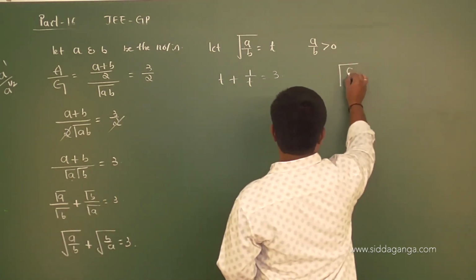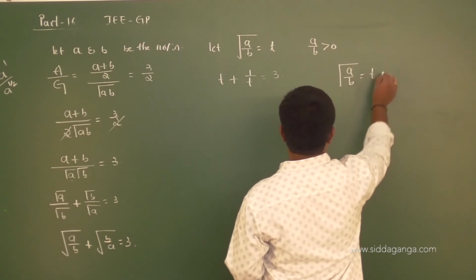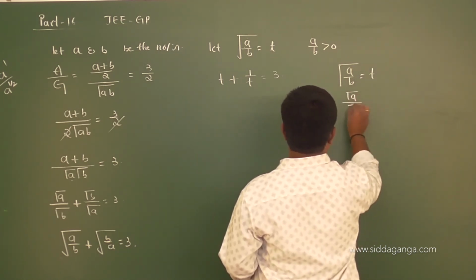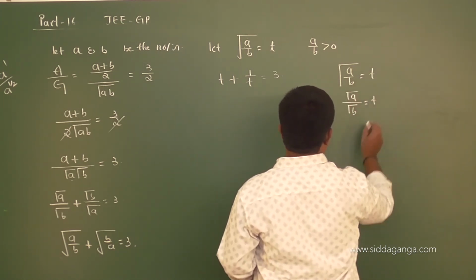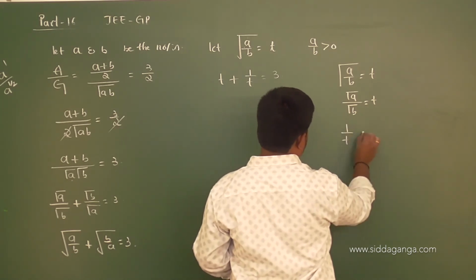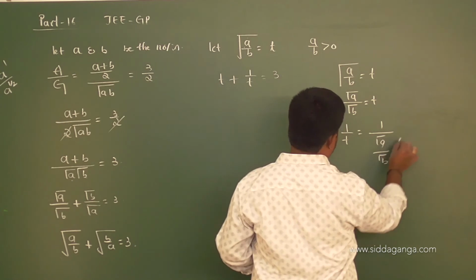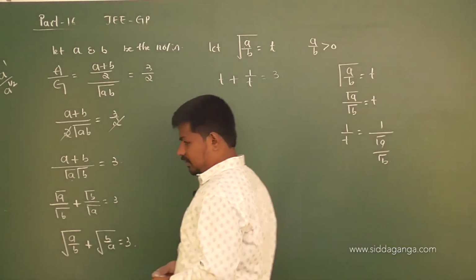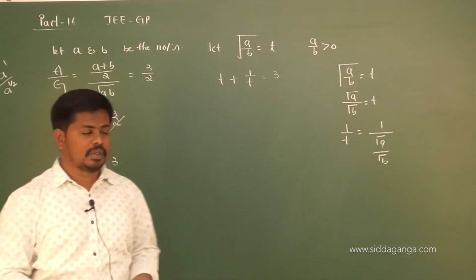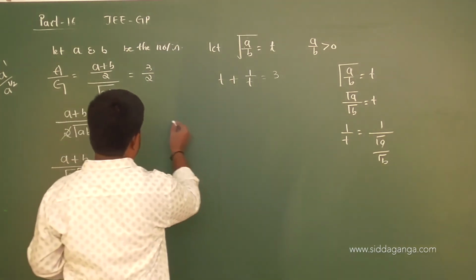When root A by root B is equal to t, then 1 by t gives root B by root A.